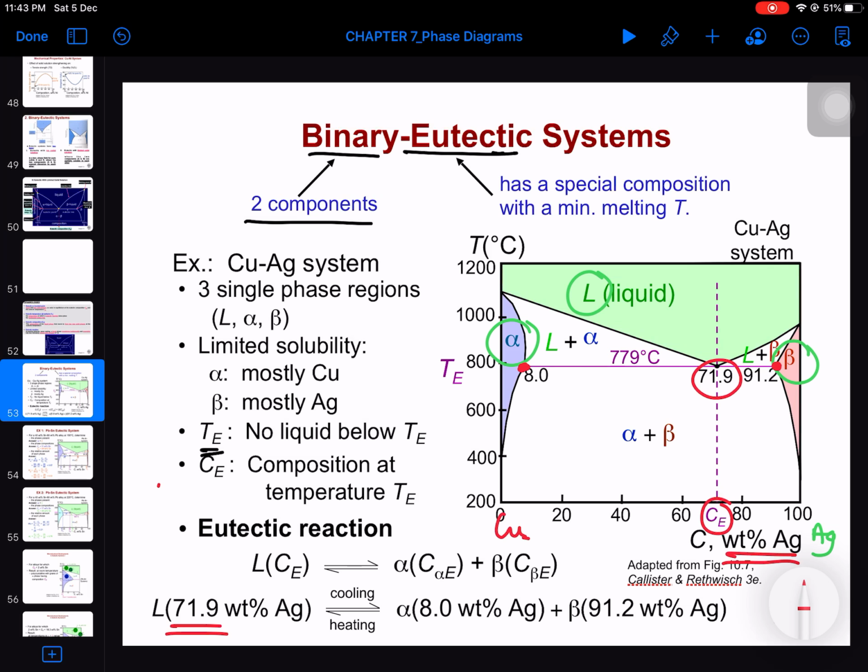And it occurs at a specific temperature of 779 degrees centigrade. So the composition is 71.9 and the temperature is 779. Different combinations of components will have different eutectic temperatures and different eutectic compositions.